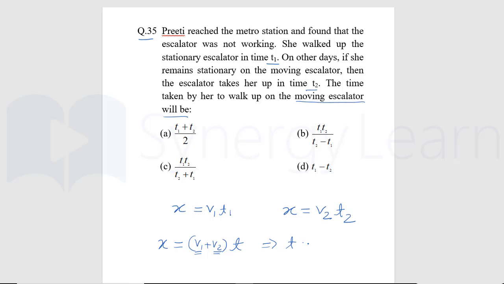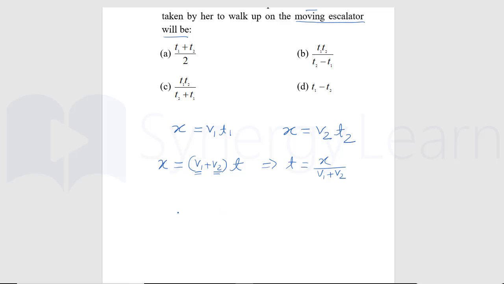So t is equal to x by v1 plus v2. Now v1 is x by t1 and v2 is x by t2. So cancelling out x, we have t1 t2 divided by t1 plus t2. Hence we have the answer t1 t2 by t1 plus t2.